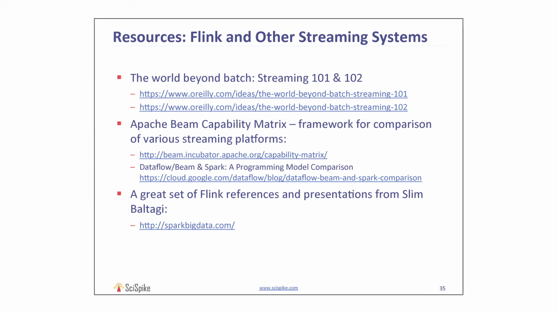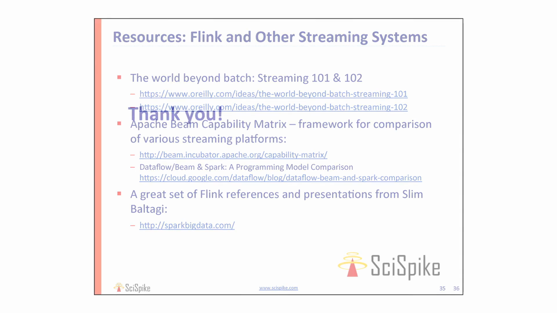They also include various newer features that we see in Apache Beam. Also, a nice explanation of watermarks. And Beam itself provides a nice framework for comparison. And finally, Slim Baltagi has a nice set of links on various big data systems with particular emphasis on Flink.